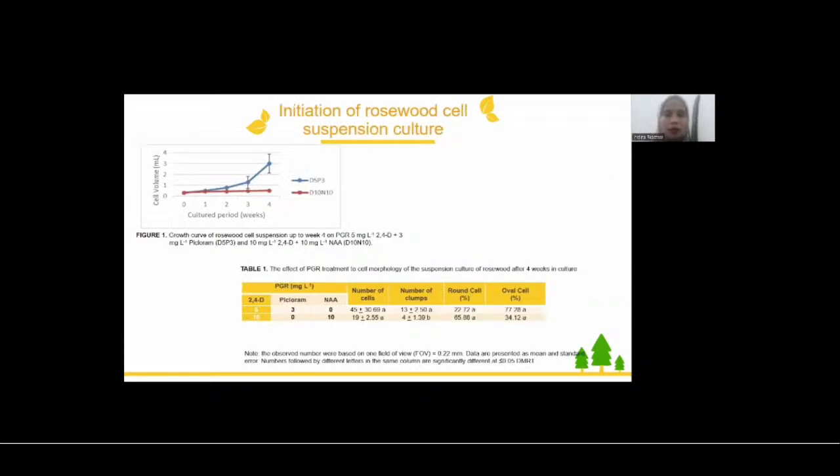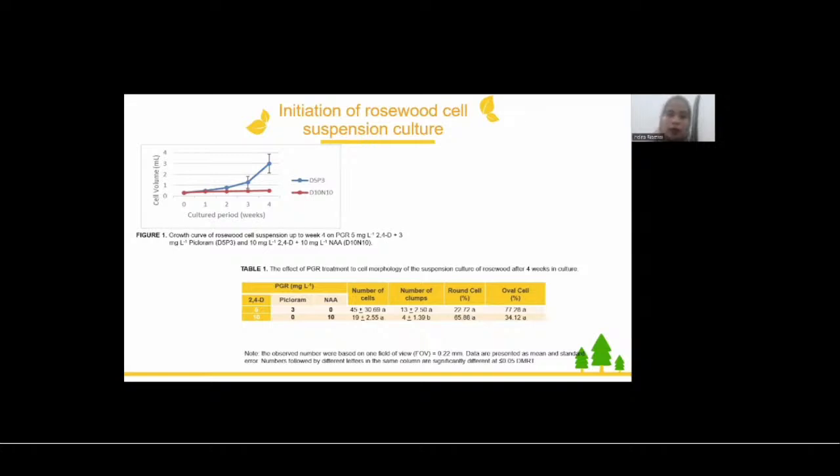The result, the initiation of rosewood cell suspension culture. We can see from figure 1, the growth of rosewood cell suspension is high in 2,4-D and picloram, then 2,4-D and NAA. And according to table 1, we can see that 2,4-D and picloram have a high number of cells, but the round cell is low.